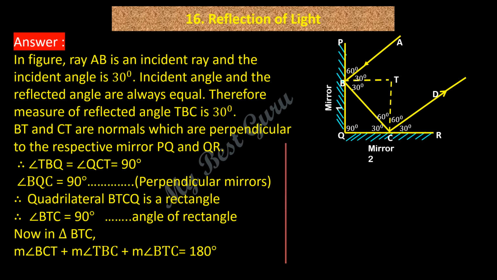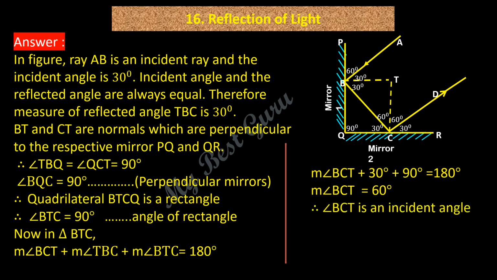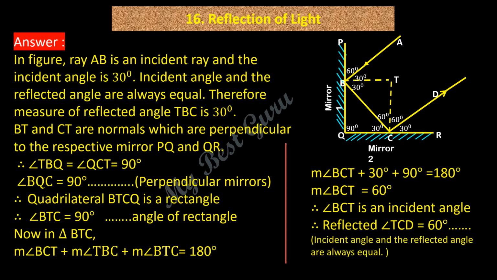So, measure of angle BCT plus 30 degrees plus 90 degrees is equal to 180 degrees. Measure of angle BCT is equal to 60 degrees. Therefore, angle BCT is an incident angle. Therefore, reflected angle TCD is equal to 60 degrees.